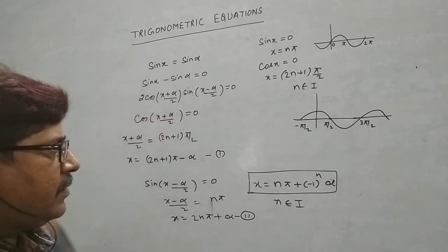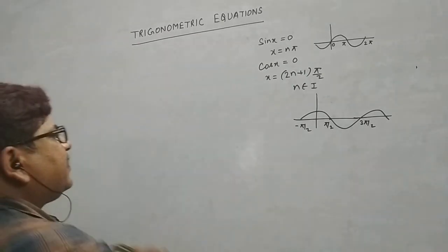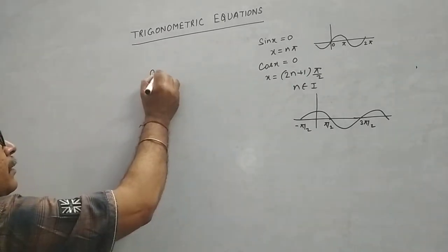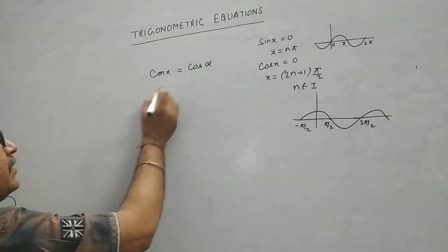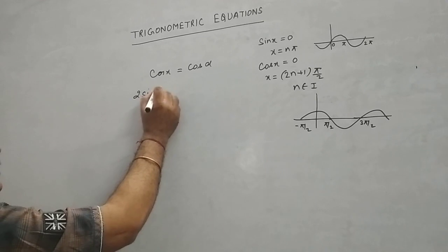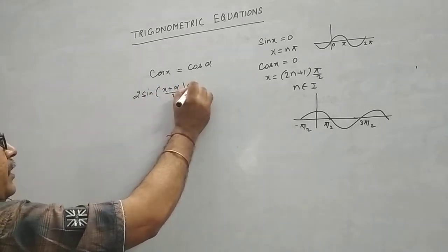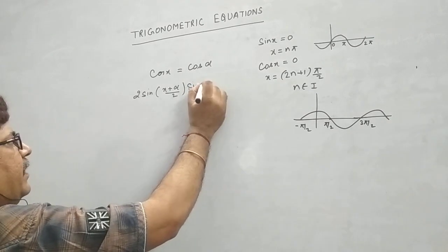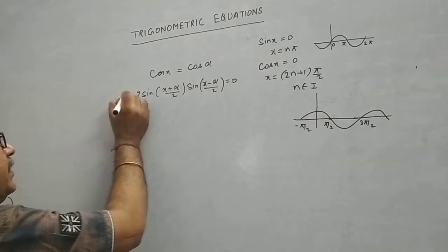Now, considering some other function, cos x is equal to cos alpha. Again applying cos c minus cos d, we get minus 2 sin (c plus d) by 2, that is (x plus alpha) by 2, into sin (c minus d) by 2, (x minus alpha) by 2, is equal to 0.